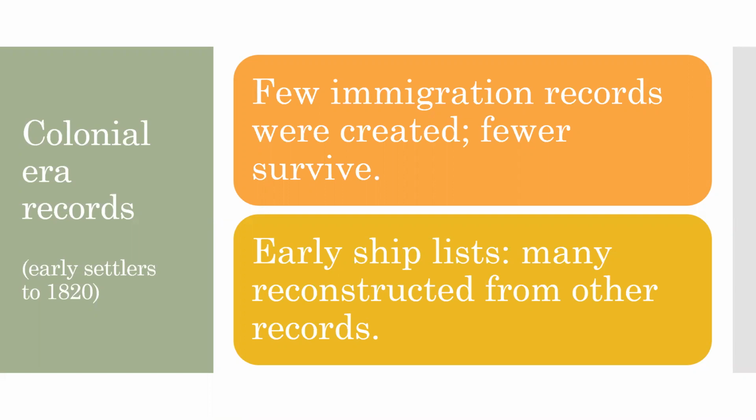Even the Mayflower passenger list is reconstructed from later Pilgrim and Puritan writings. So if you have ancestors who came here to the US before 1820, you're going to be looking at later records on the family to see about figuring out if you can find where they came from.